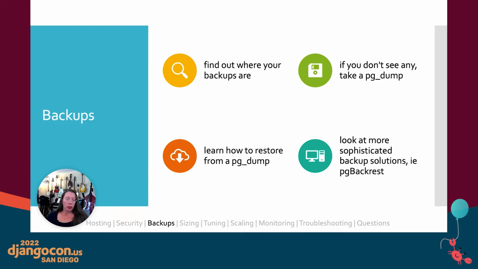You can use the pg_restore tool to get data back online from the pg_dump. And I always tell people to practice that so that you know the commands that need to be run, what that needs to look like for your application to get you restored. And then as soon as you can, look at a more sophisticated backup solution.